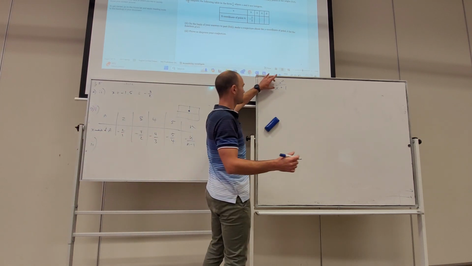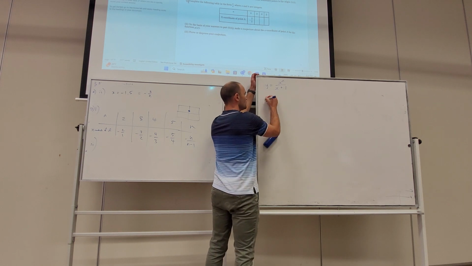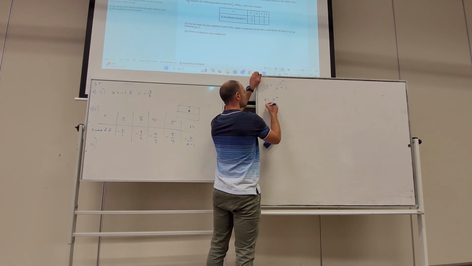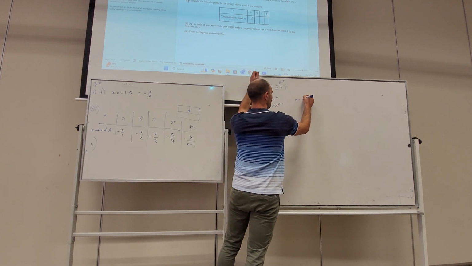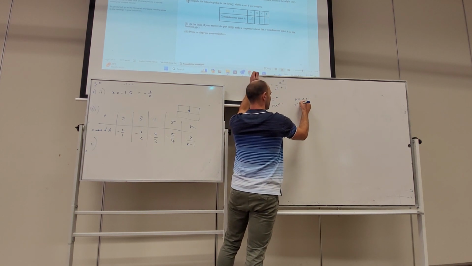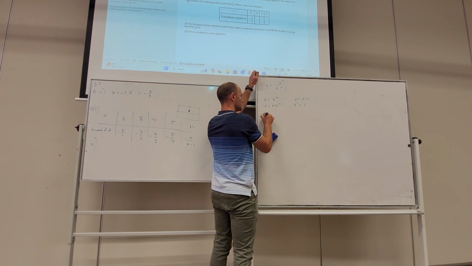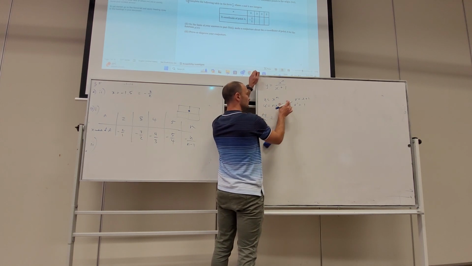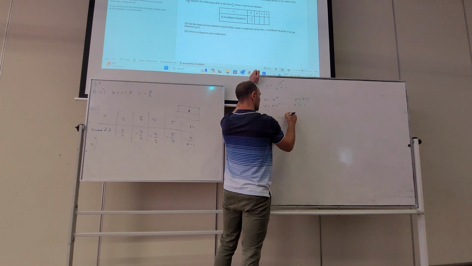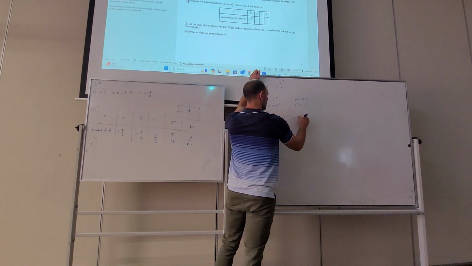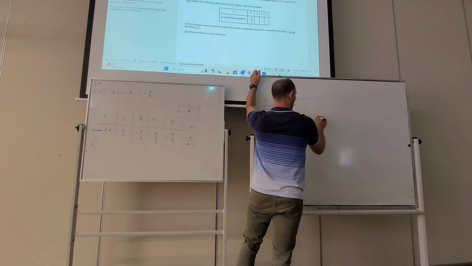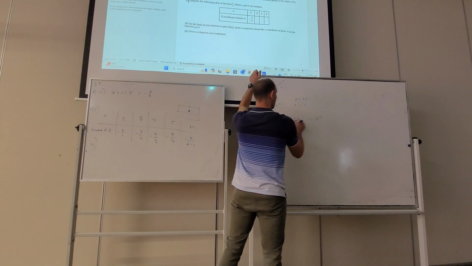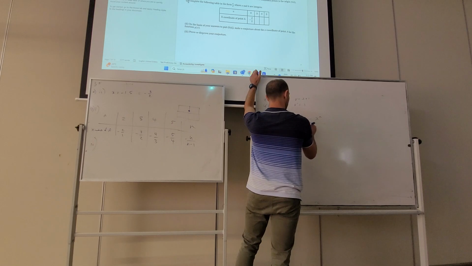So if I'm going to differentiate this, I need to use the quotient rule. Smash it all together. u dash v, take away u v dash on top of v squared.